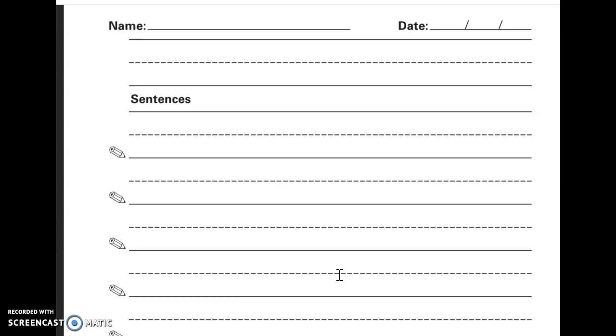The sentence is, Ned can get wet. So who knows how many dashes you wound up with? With Ned can get wet, you should have 4 dashes.